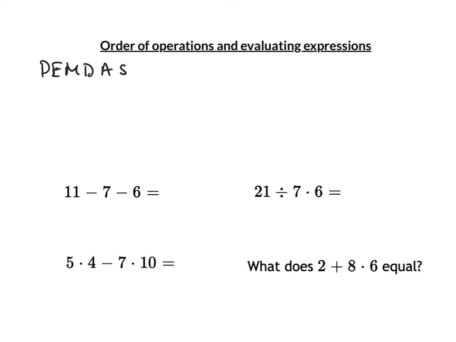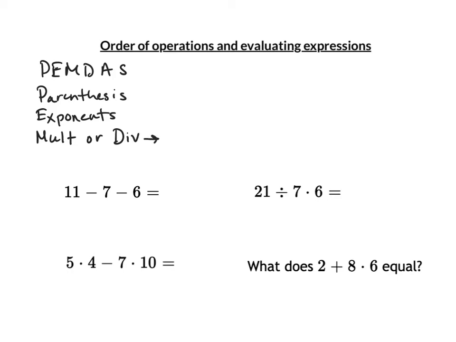Now that's a handy acronym for the order to do things in. There's parentheses that you look for first, then there's exponents, and then you multiply or you divide. Students mess this up a lot.